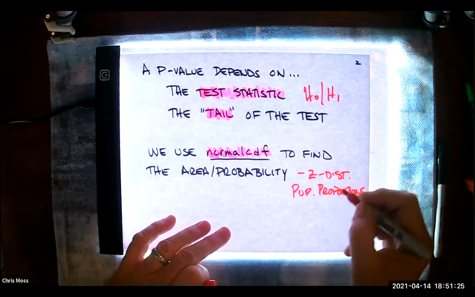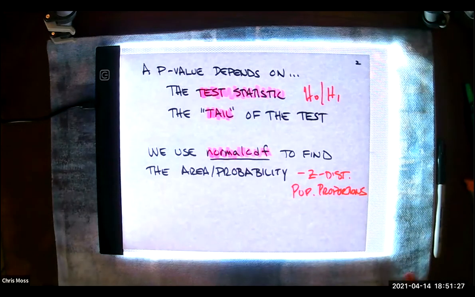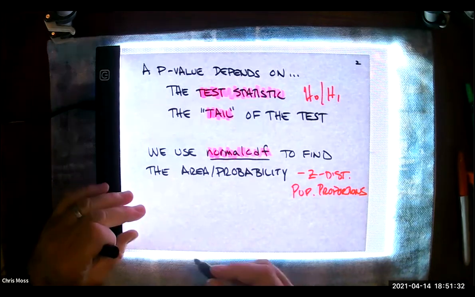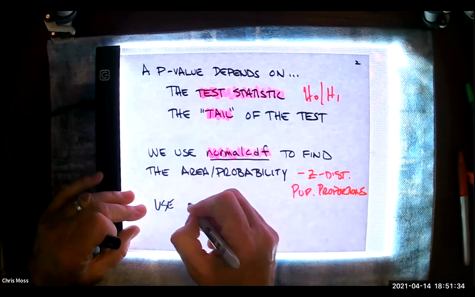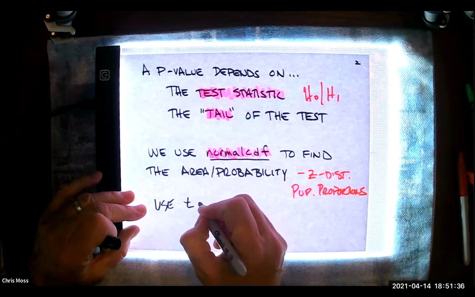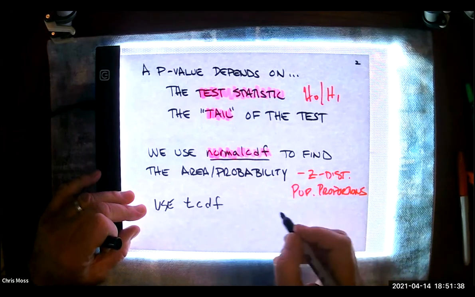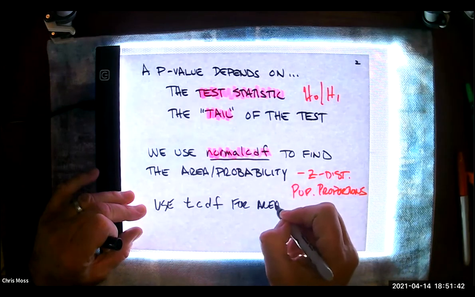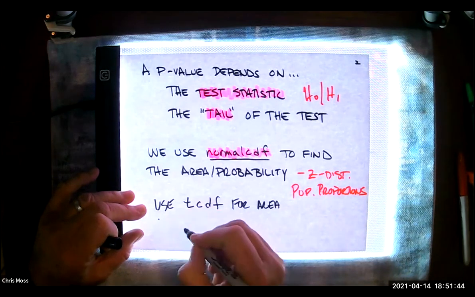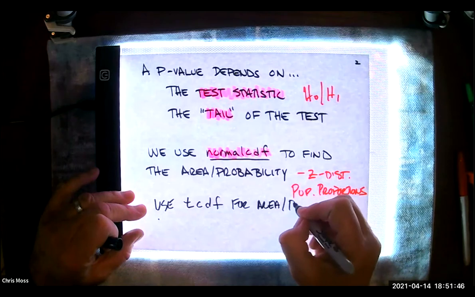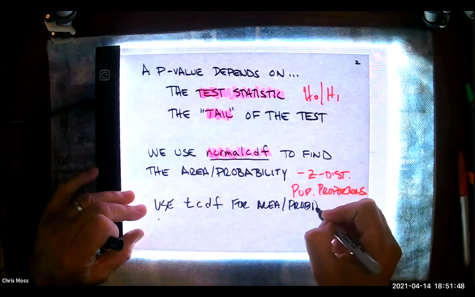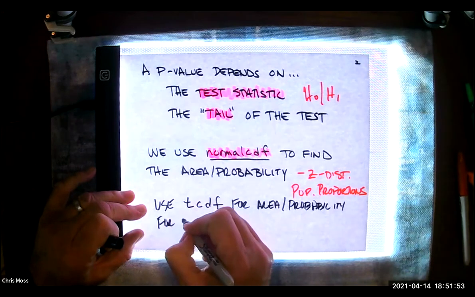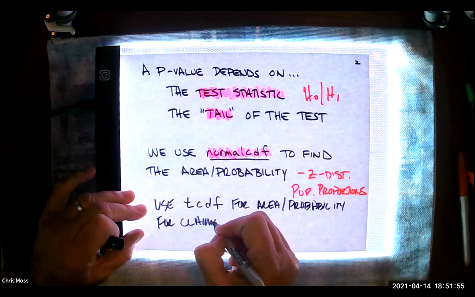This is basically 8.2. Now, as you pointed out with your question, we also use TCDF for area and probability for claims about a mean.